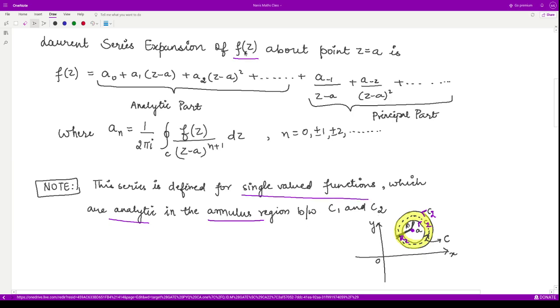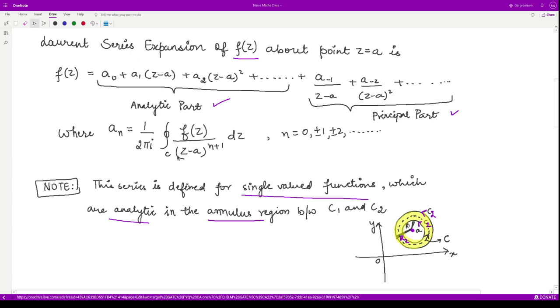In that case, this expansion is written like this: a0 plus a1 (z minus a) plus a2 (z minus a) square plus up to infinity, and then we have these terms in the denominator. Moreover, this part is known as the analytic part and this part is the principal part of our series.